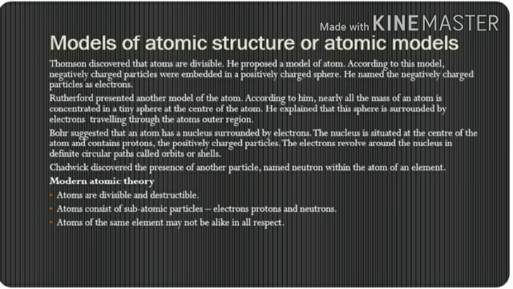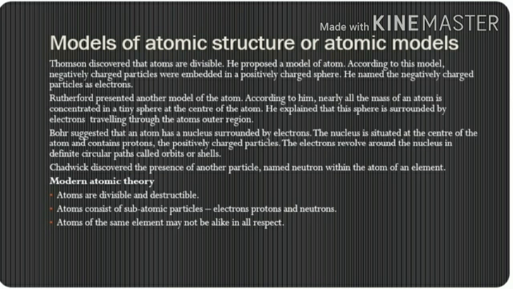The electrons revolve around the nucleus in definite circular paths called orbits or shells. In the year 1932, Sir James Chadwick, a British physicist, discovered the presence of another particle named neutron within the atom of an element.